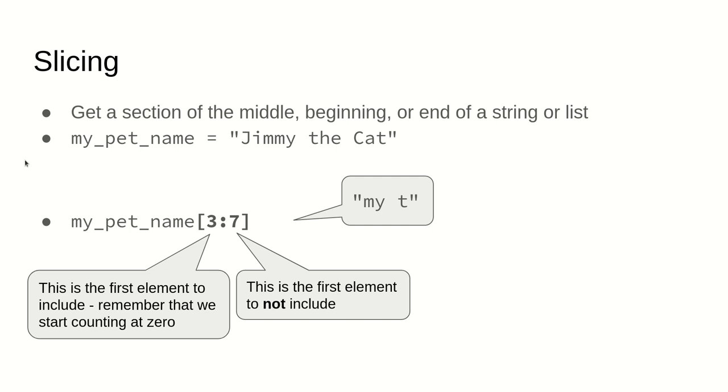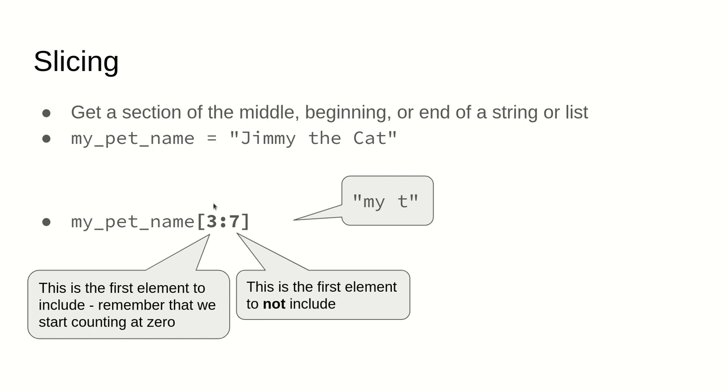So another thing that we can do with strings, similar to lists, is slicing, getting a section of the middle, beginning, or end of a string, just like we did with lists. So here I've defined my pet name to be Jimmy the cat, and if I ask for my pet name 3:7 inside of square brackets, then just like we saw before for lists, the first element that's included would be the element at index 3.